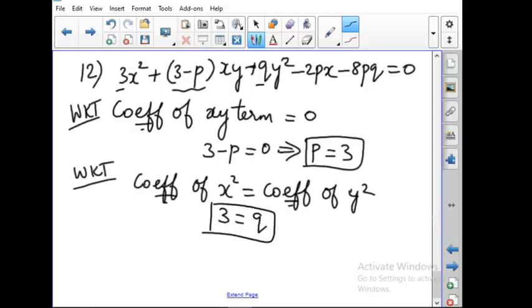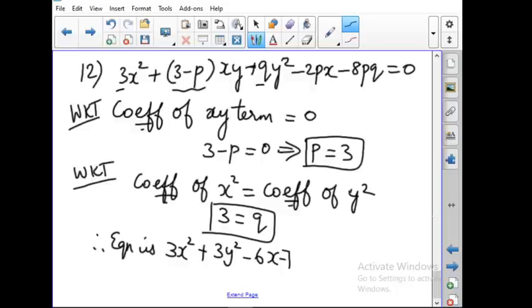Now substitute in the equation. Therefore the equation will become 3x square. When you are substituting 3, the xy term becomes 0, plus 3y square minus 2 into 3 is 6, 6x. 8 into 3 into 3. So 8 9s are 72.